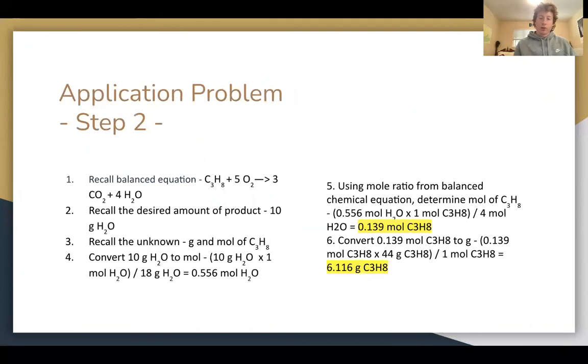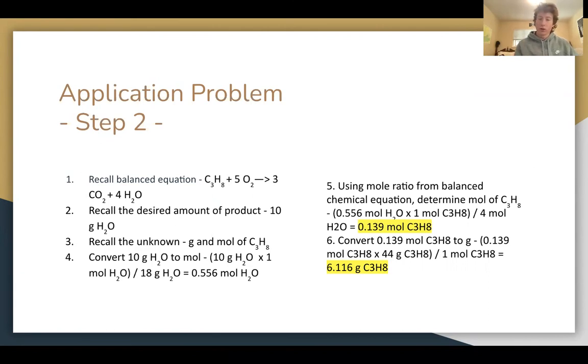And then step two, getting what the problem wants you to get. You recall the balanced equation, you recall the desired amount for the product, which is 10 grams of water. You recall the unknown, which is grams and moles of C3H8. Then you convert 10 grams of water to moles, which is 0.556 moles of water.